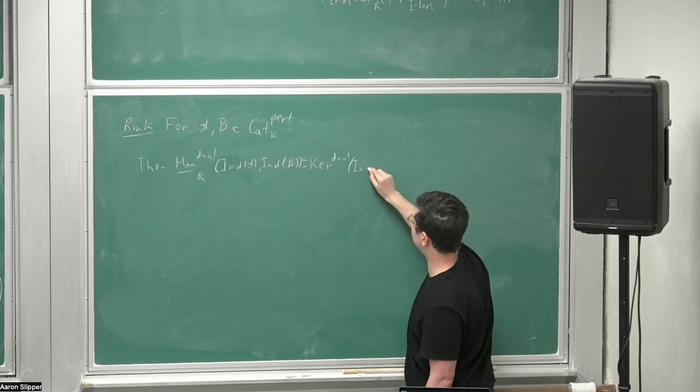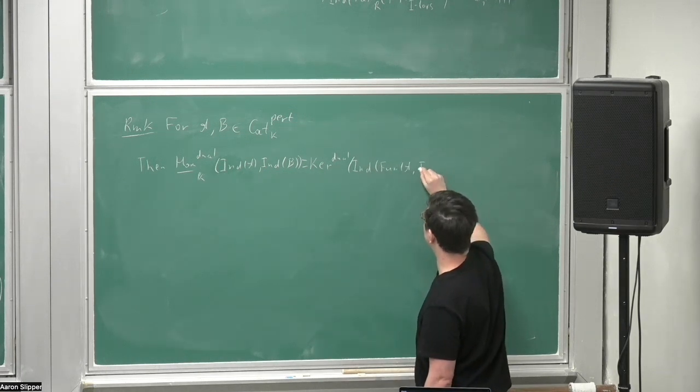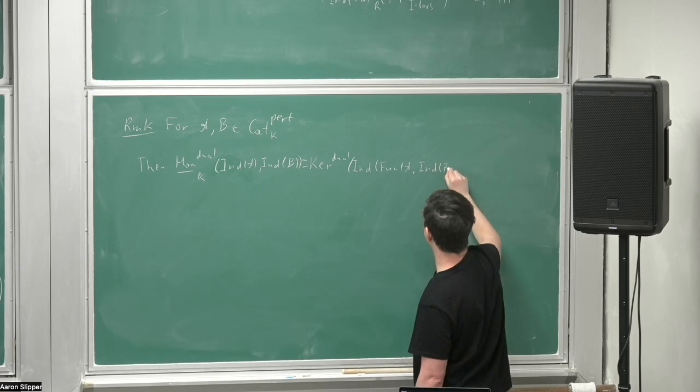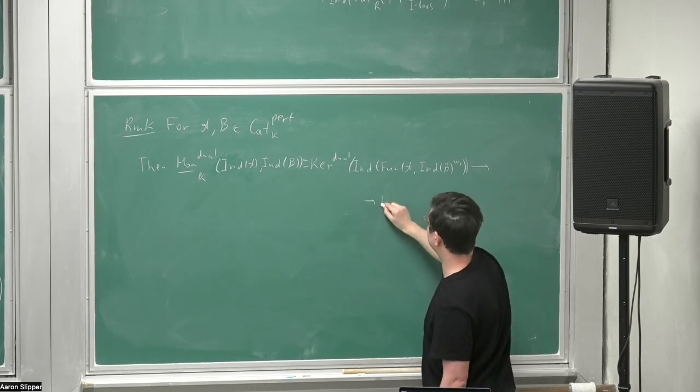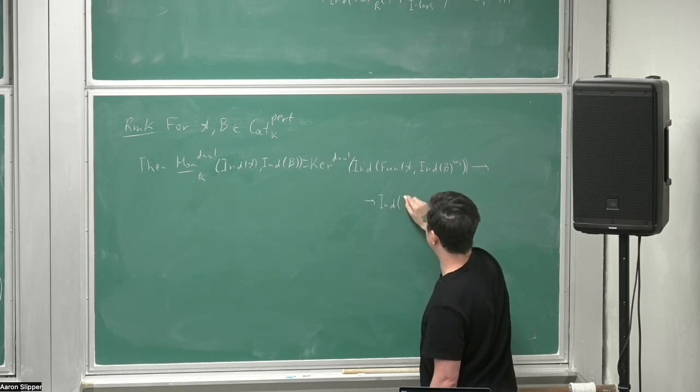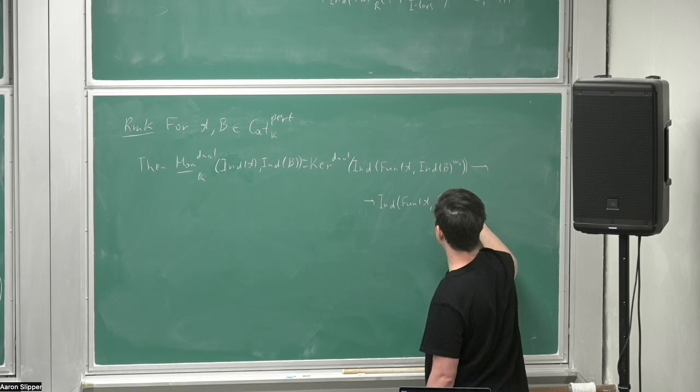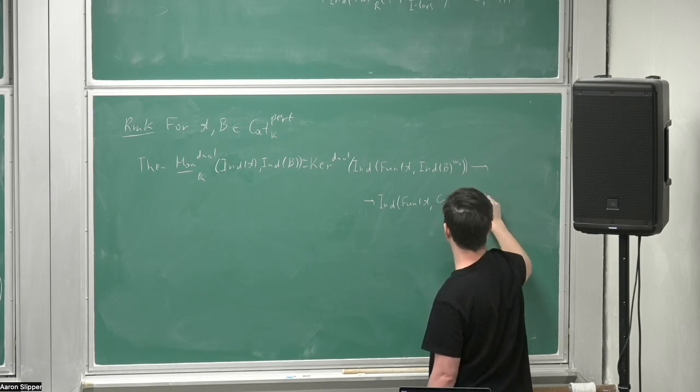Take the functor from the I-completion of functors from A to the countable I-completion of B. We go to the I-completion of functors from A to countable colimit-preserving.